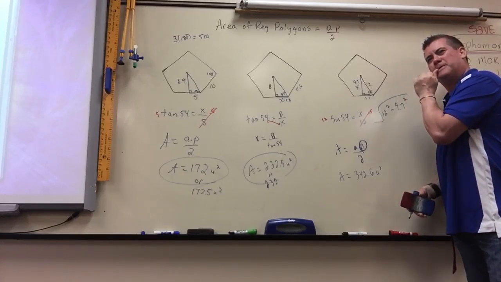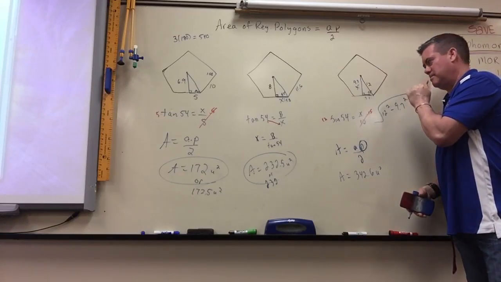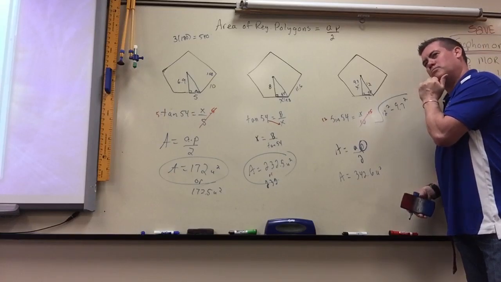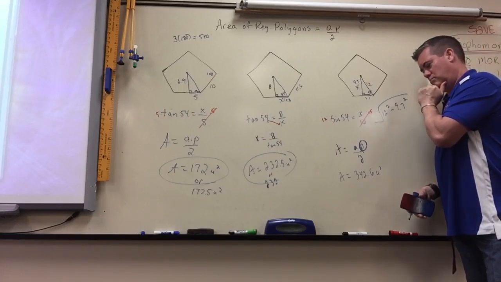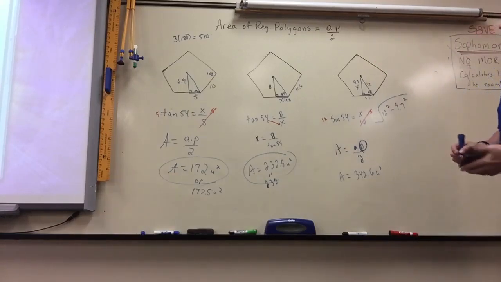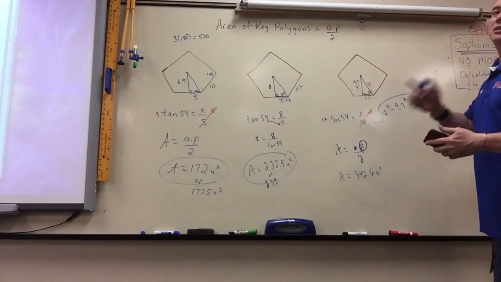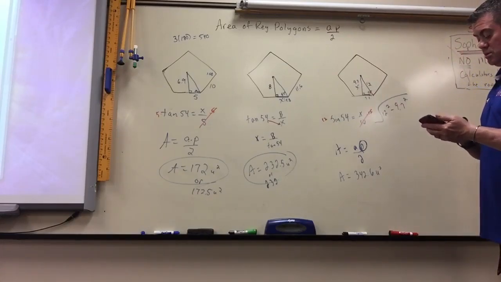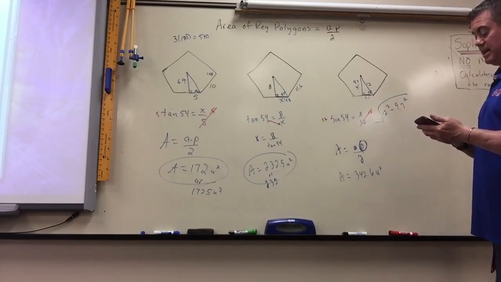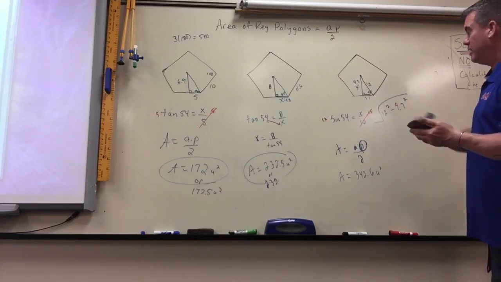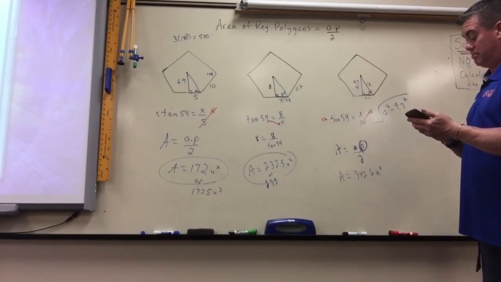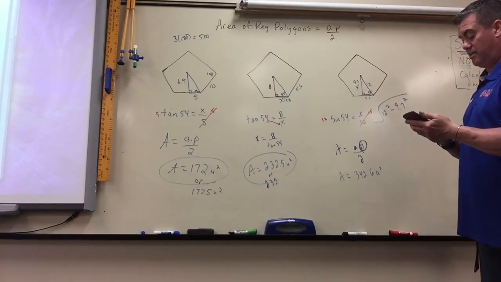You didn't get that? I rounded the 7.1 and I rounded the 9.7 and I got 344.6. Okay, that's probably right. So if you round it, since there's two rounded numbers, so double 7.1 and then take it times 5 and then times the apothem divided by 2.